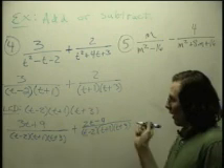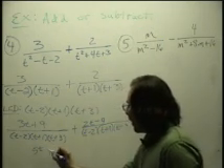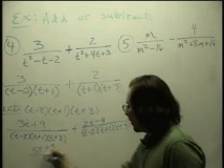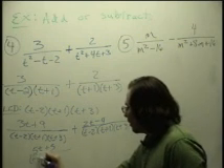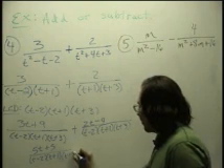So when I add them, what I end up with is 5t plus 5 over t minus 2 times t plus 1 times t plus 3.